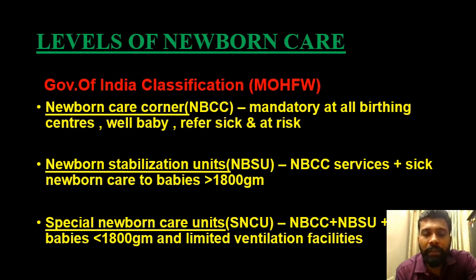Next higher level is newborn stabilization units or NBSU, where NBCC services are there, plus sick newborn care to babies who weigh more than 1.8 kg. And special newborn care units or SNCUs, where facilities of NBCC and NBSU are present, plus babies who weigh less than 1.8 kg are cared for, with limited ventilation facilities also.